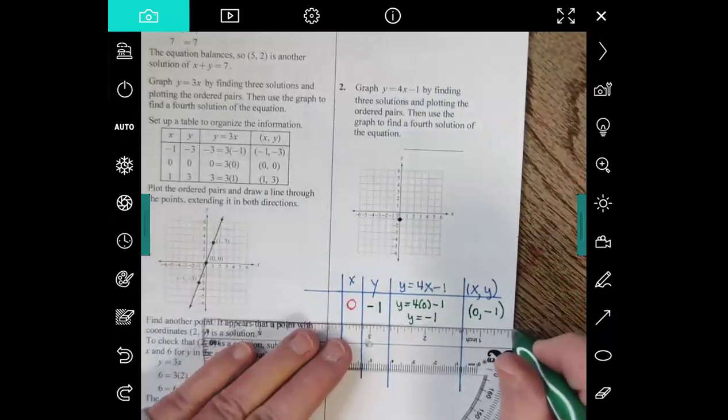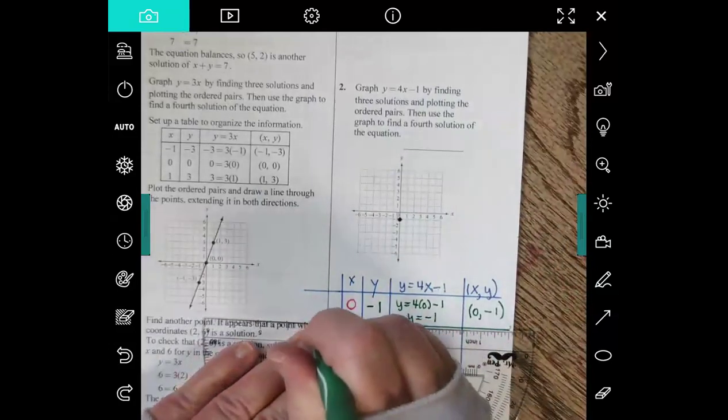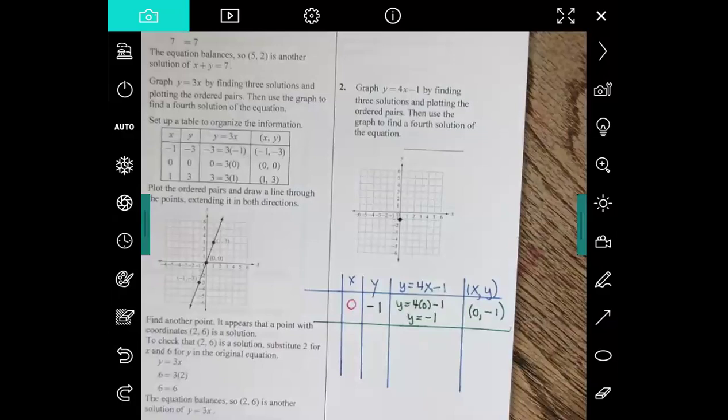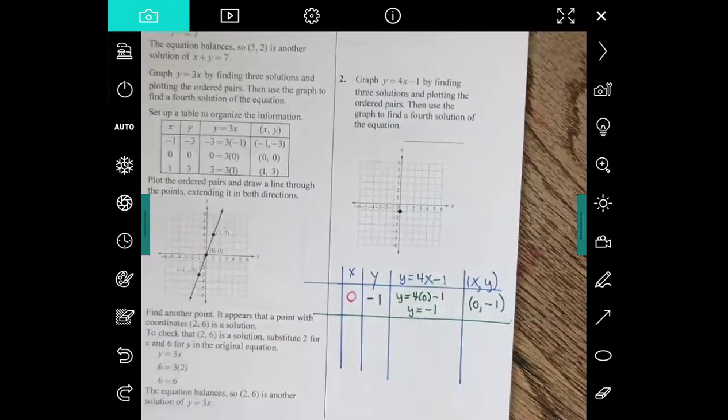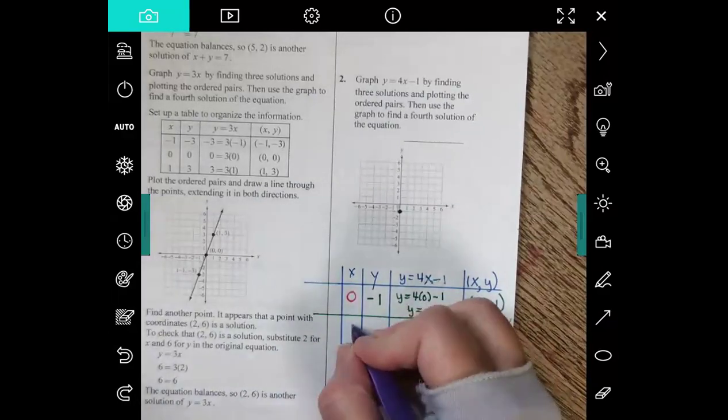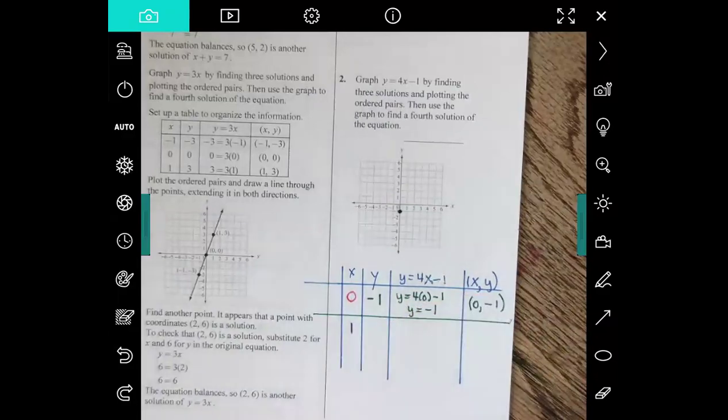And now I'm going to put a line here because I'm done with that first part on my table. Now you get to pick the next x value. It's easier to pick x's because y is calculated based on the x. Okay, Ben, will you pick an x for us? 1. That's a good choice. That would be my choice next, okay?